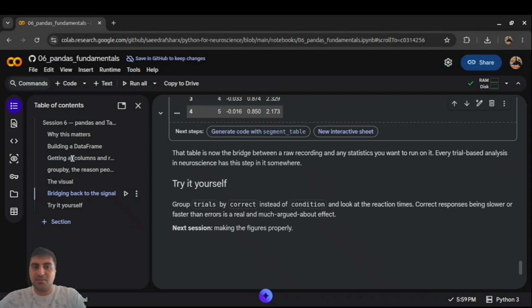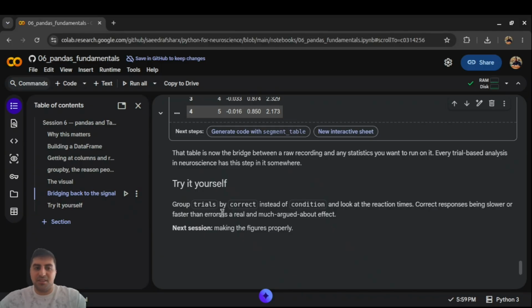Numerous research behind it. Whether errors themselves are faster or slower than correct responses depends heavily on the task, and people argue about it. Your simulation data will not settle that debate, but you now have the tool to ask the question. That is the whole point.